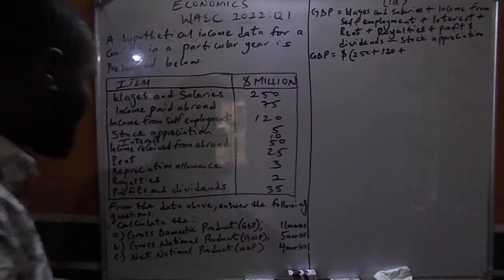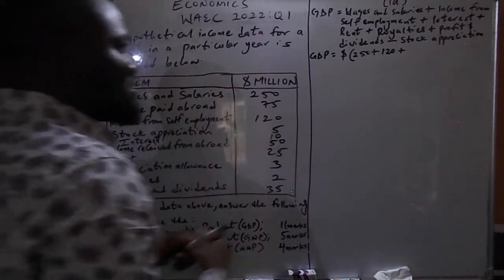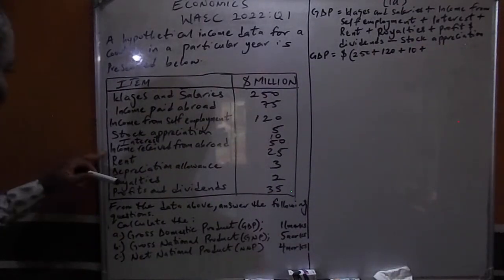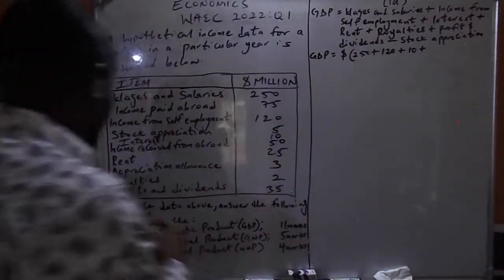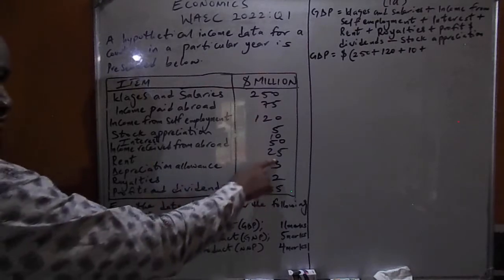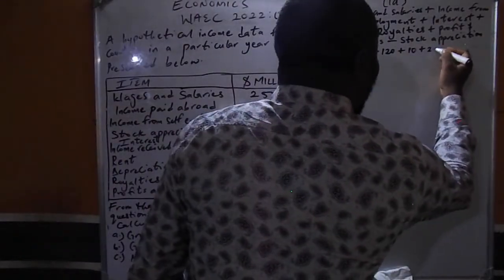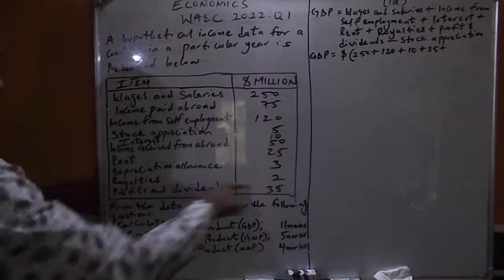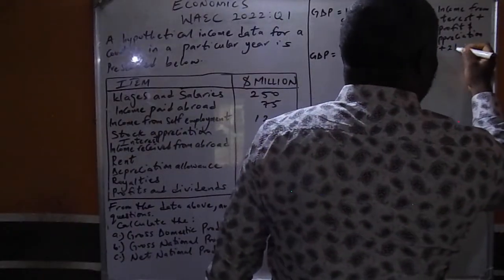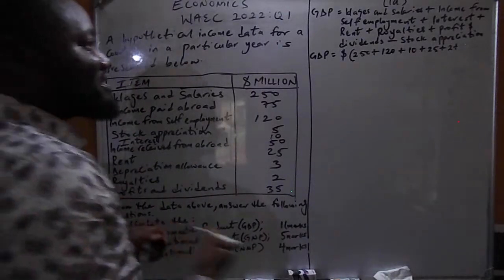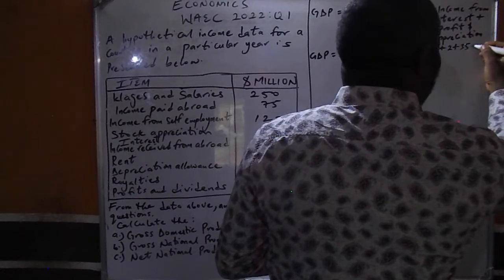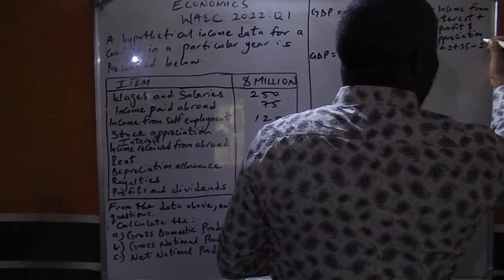Interest, which is 10 plus, after interest, you have your rent. Rent is how much? 25 plus, after rent you have royalties which is 2 plus profit and dividend 35, then minus stock appreciation minus 2.